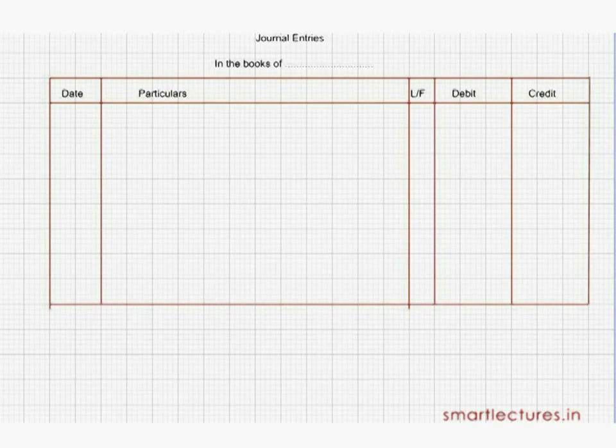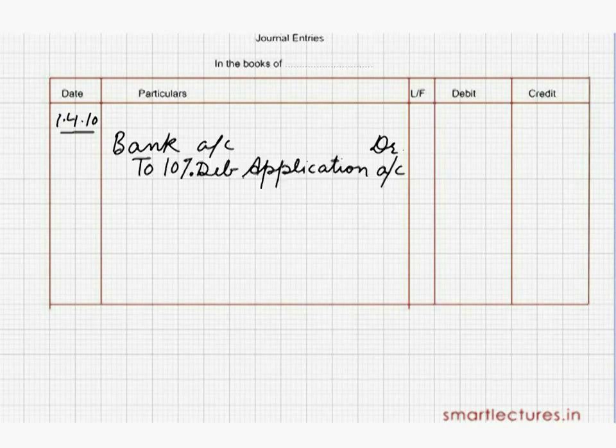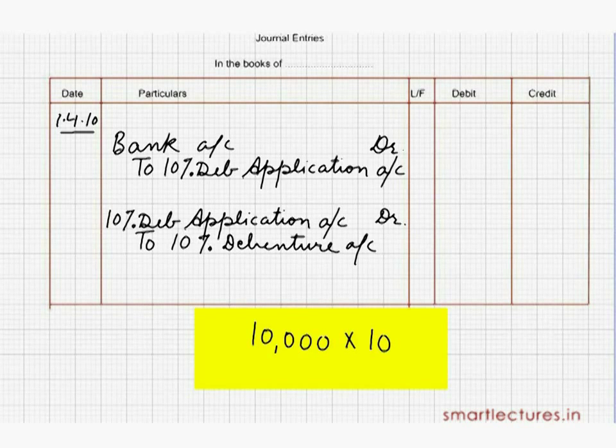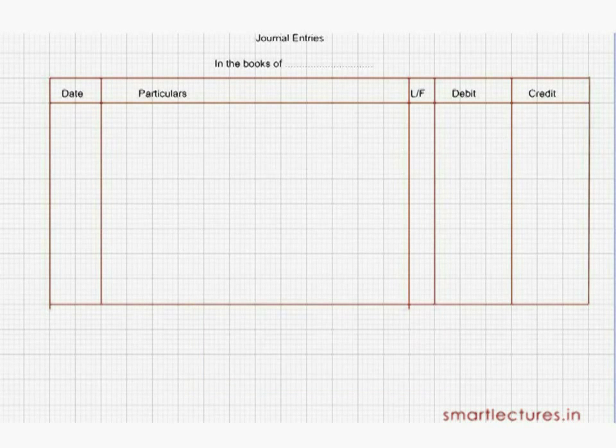At the time of issue on 1st April 2010, bank account debit to 10% debenture application account, 10% debenture application account debit to 10% debentures account, and the amounts will be 1 lakh rupees. Very simple. And on 31st March 2013, today is the due date.